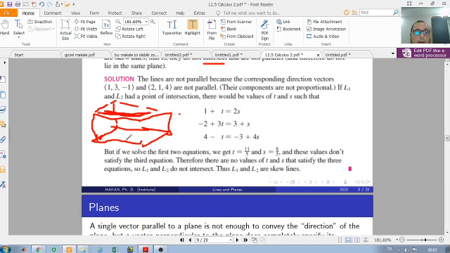This is a line, and we have another line like this on the base of the box, the rectangular prism, or on the base of the cube.